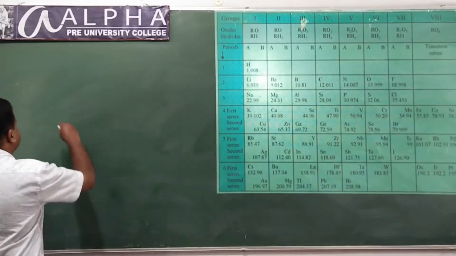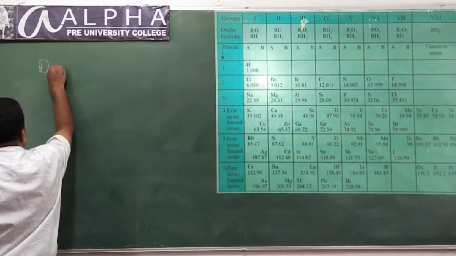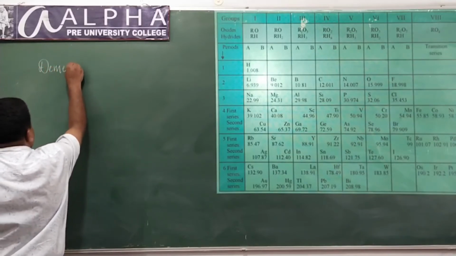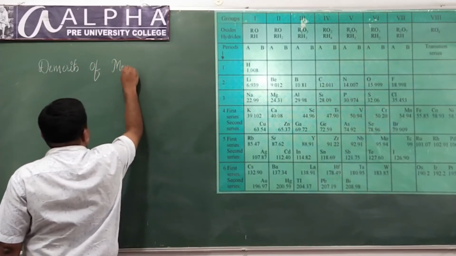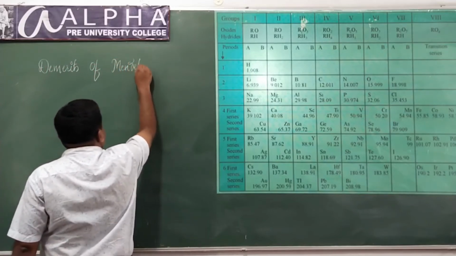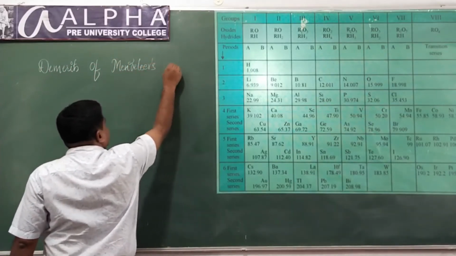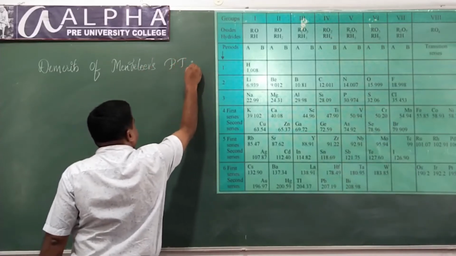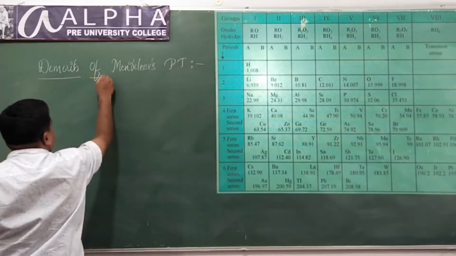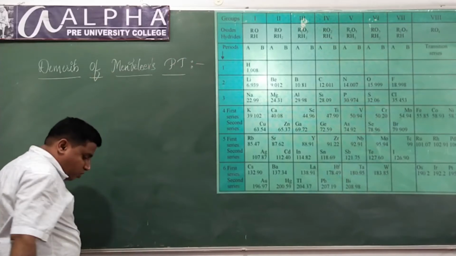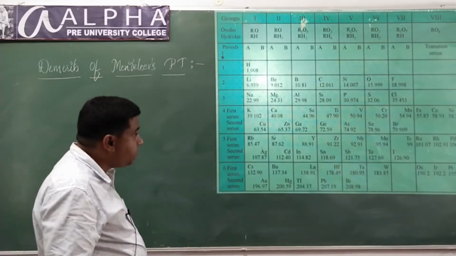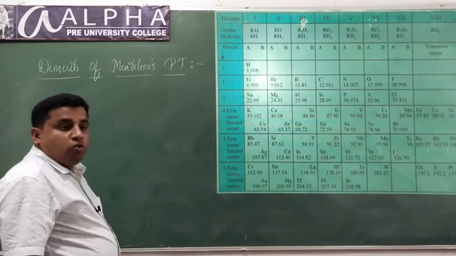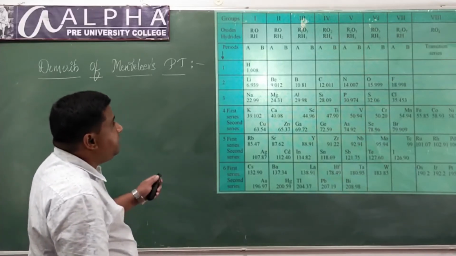Let us discuss the demerits of Mendeleev's periodic table. Look at the demerits, students.